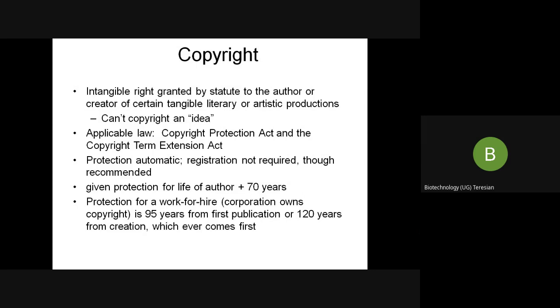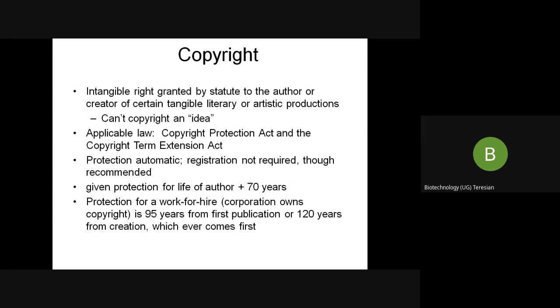Sometimes there is protection for work for hire. What happens is that I write a certain article and I am employed under a certain publisher. Automatically the copyright goes to the publisher and not the author.